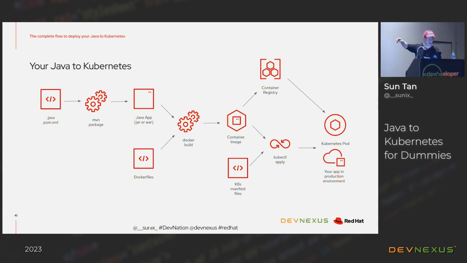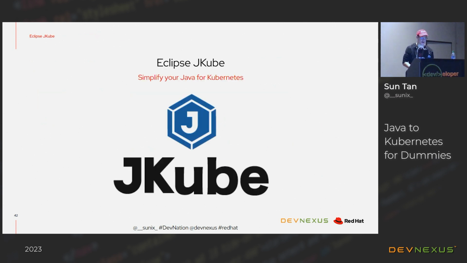You have to take the Java file, use Maven to create your application, then you have a Dockerfile to build, and then you generate an image, and then you have your Kubernetes YAML, and then use kubectl apply, and then it deploys your application. It's too complex. I have a tool for you to solve the problem, at least for Java projects. It's called JKube. I'm working for JKube. I'm a contributor of JKube.